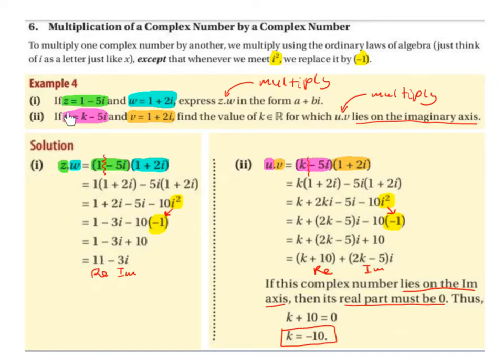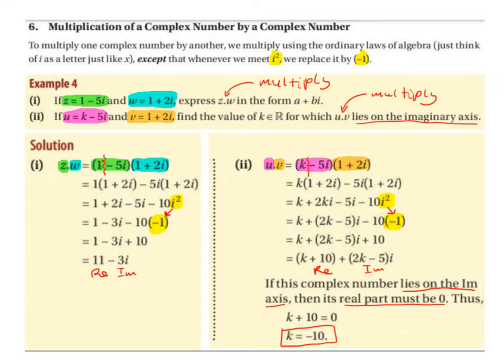Part 2. If u equals k minus 5i and v equals 1 plus 2i, find the value of k, which is an element of the real number set, for which u multiplied by v lies on the imaginary axis. So u multiplied by v will be k minus 5i multiplied by 1 plus 2i. Again, we crack open the egg, we bring down the k, we stick on the second set of brackets, bring down the minus 5i, stick on the second set of brackets again.